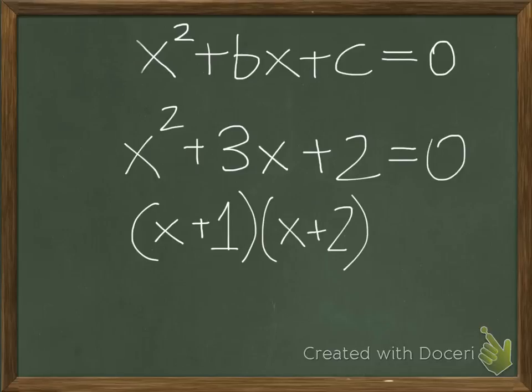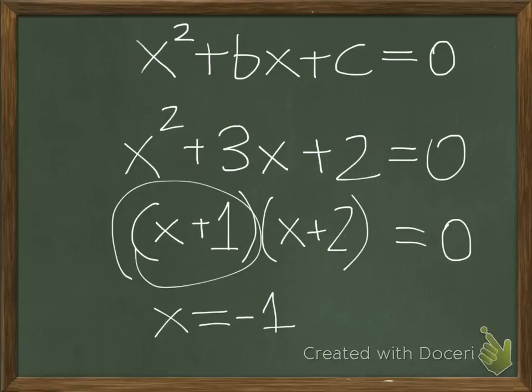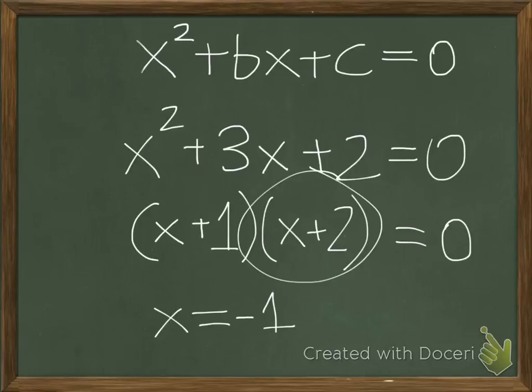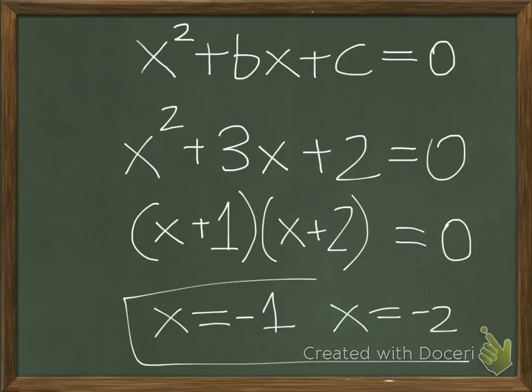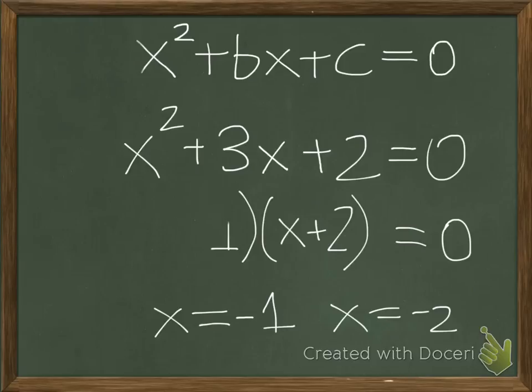Yeah, those multiply to 2 and add to 3. That equals 0. We get x equals negative 1. We've solved this part. We have to solve this part too. So x plus 2 equals 0, or x equals negative 2. So these are our two solutions. If you plug them in, they'll work. I'm not going to prove it to you, but they will work.